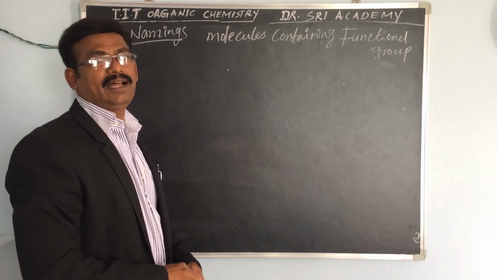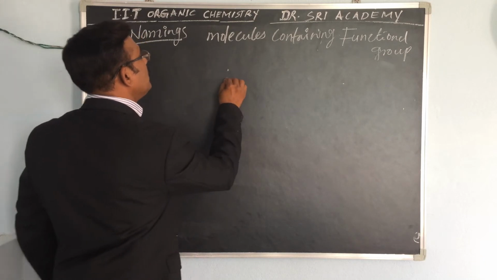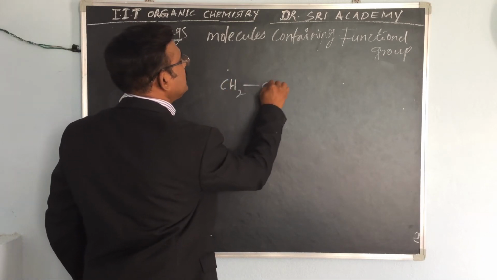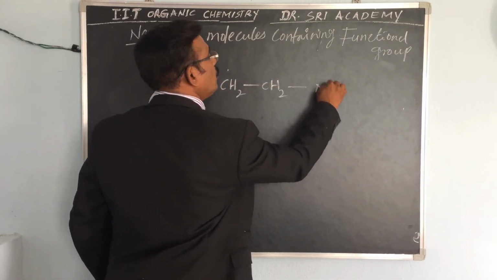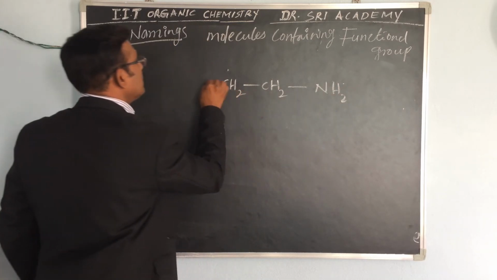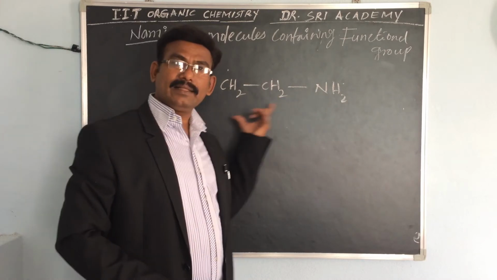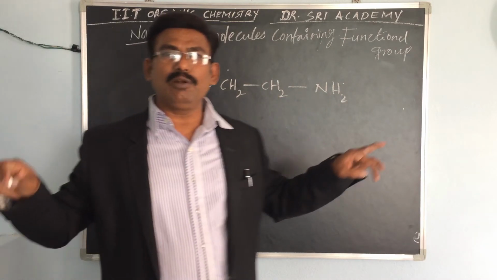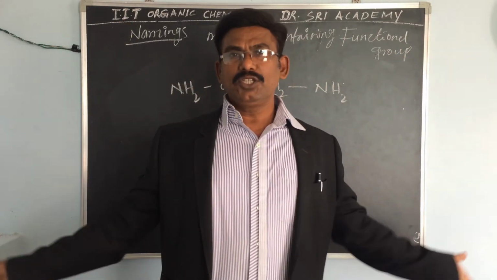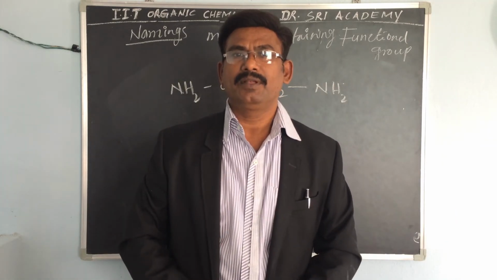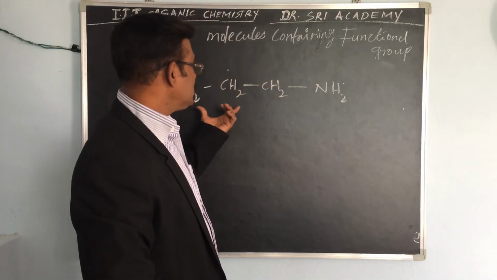If 2 amines are there, for example, CH2 and CH2 containing the 2 amine groups. So equivalent, there are 2 amine groups of equal position and equal weight. So how can you give the name? So simple we have to give.